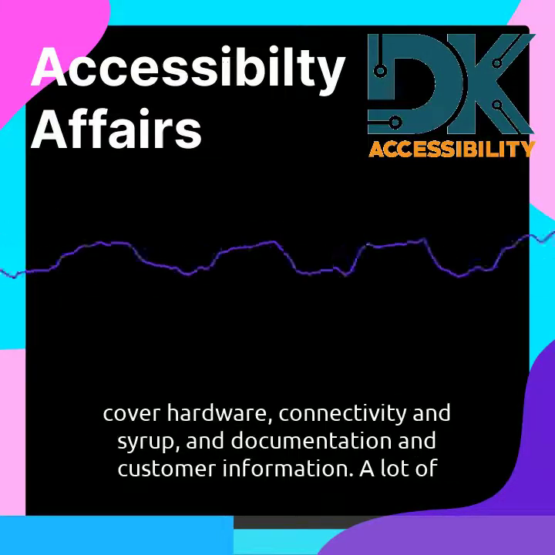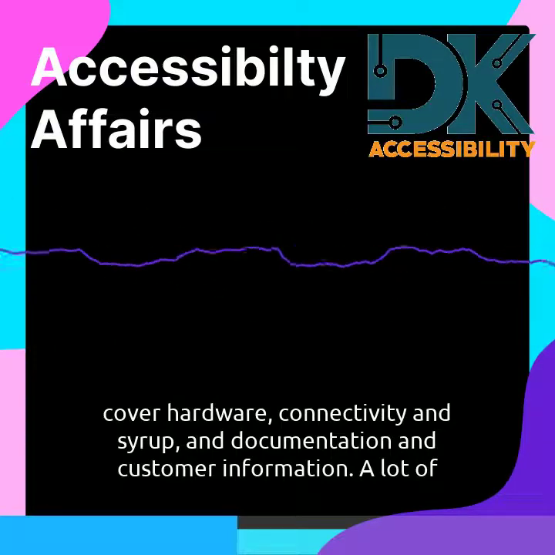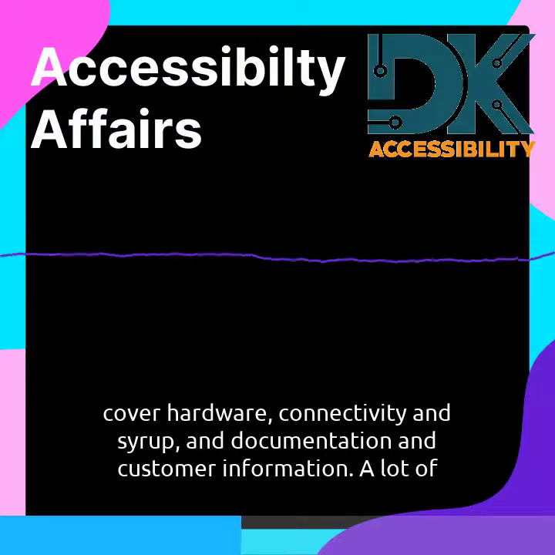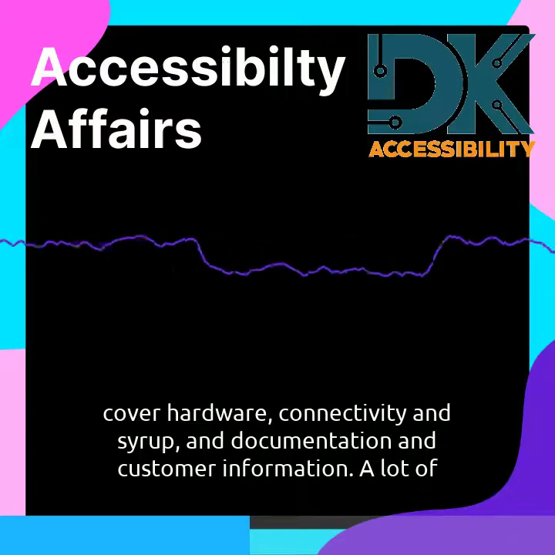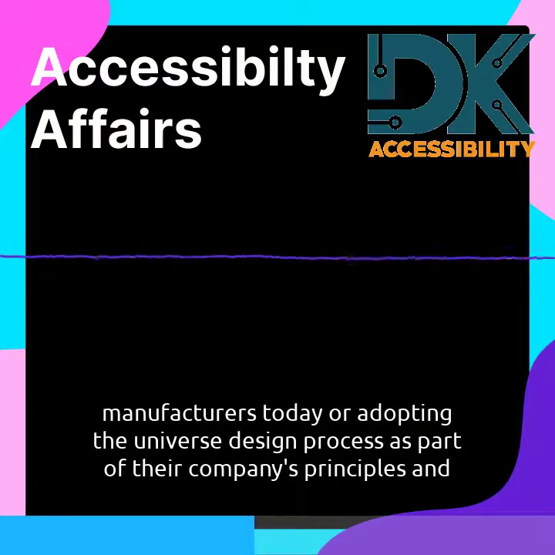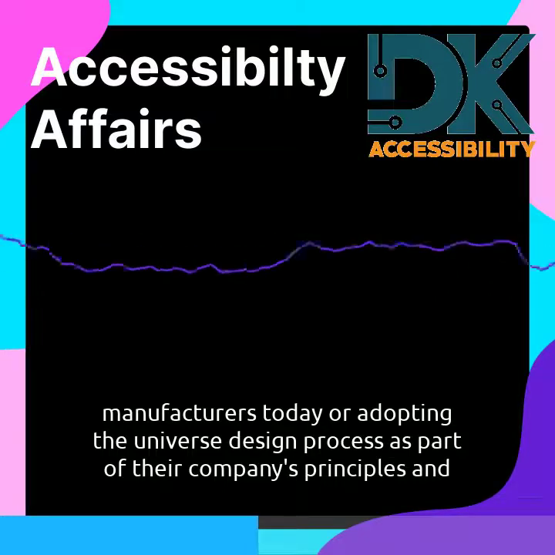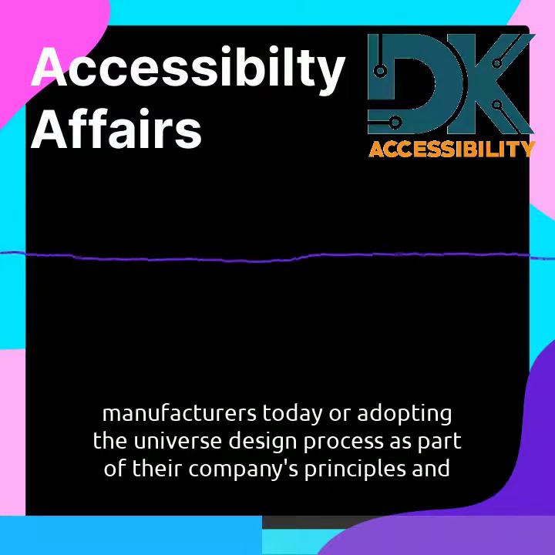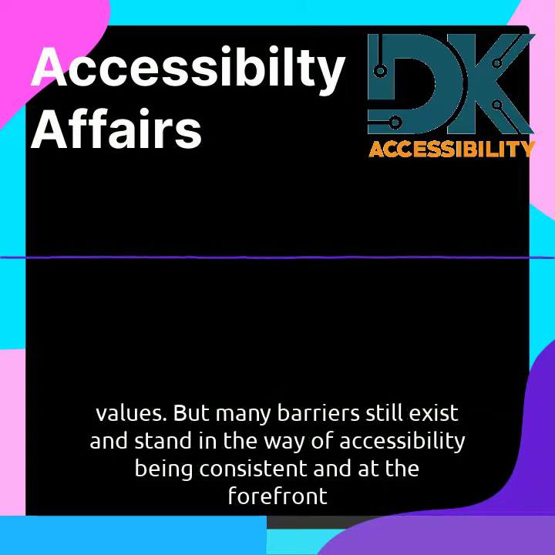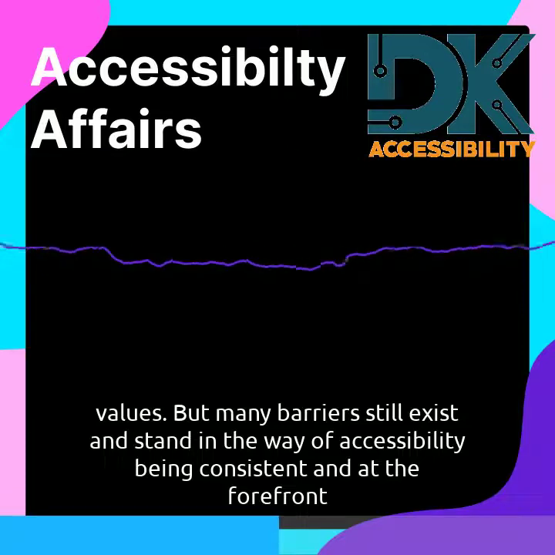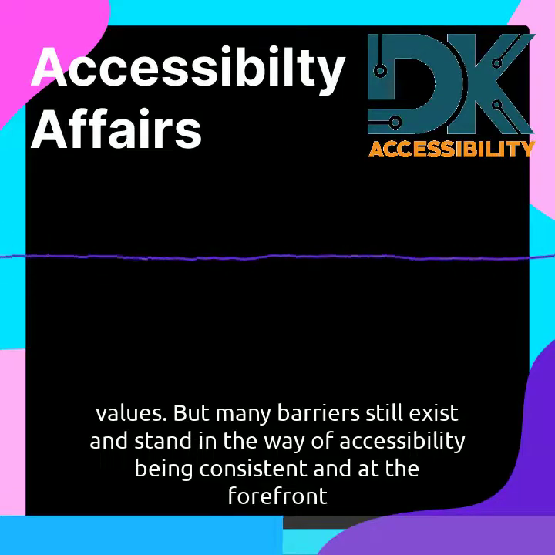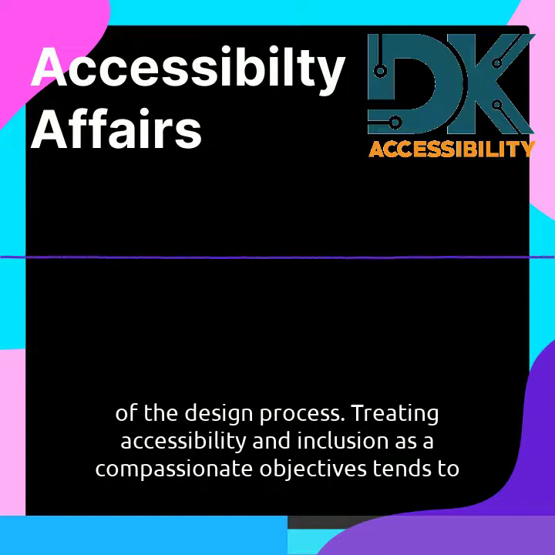These guidelines cover hardware, connectivity and setup, and documentation and customer information. A lot of manufacturers today are adopting the universal design process as part of their company's principles and values. But many barriers still exist and stand in the way of accessibility being consistent and at the forefront of the design process.